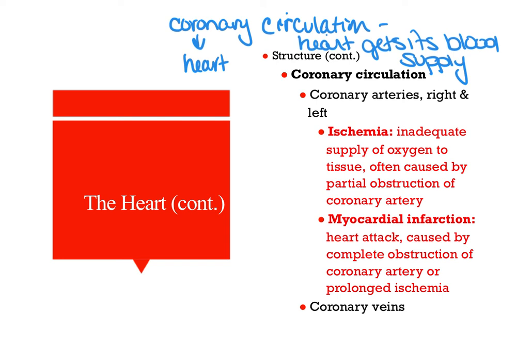Remember, arteries take oxygenated blood to the different areas it needs to go. So a coronary artery is going to take that oxygenated blood to the heart. And if it's blocked with fat, cholesterol, all that stuff, it's not going to make it, and the heart is going to start to die, right? The tissue of the heart, and the heart needs all of its muscle tissue to pump so hard.